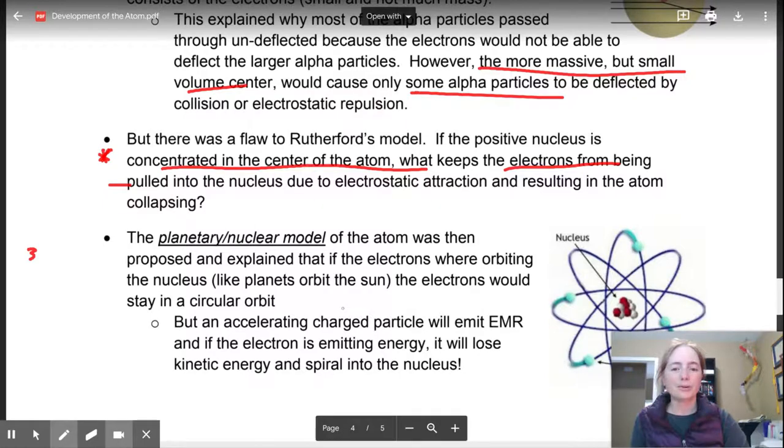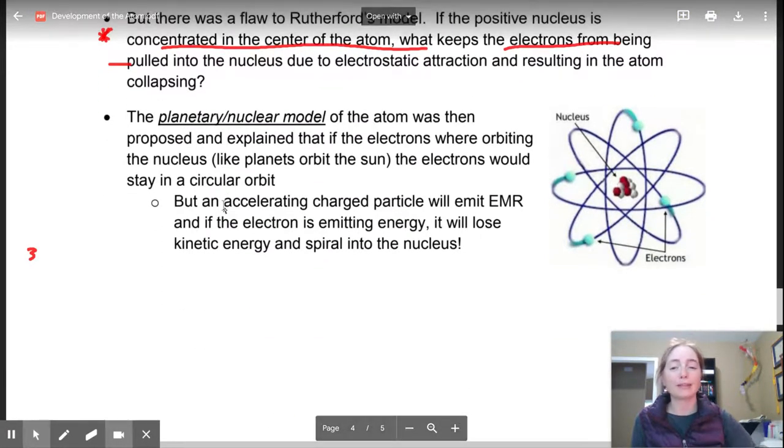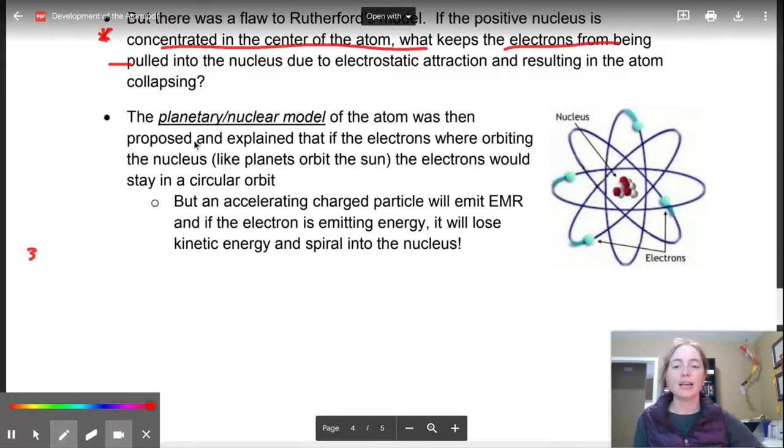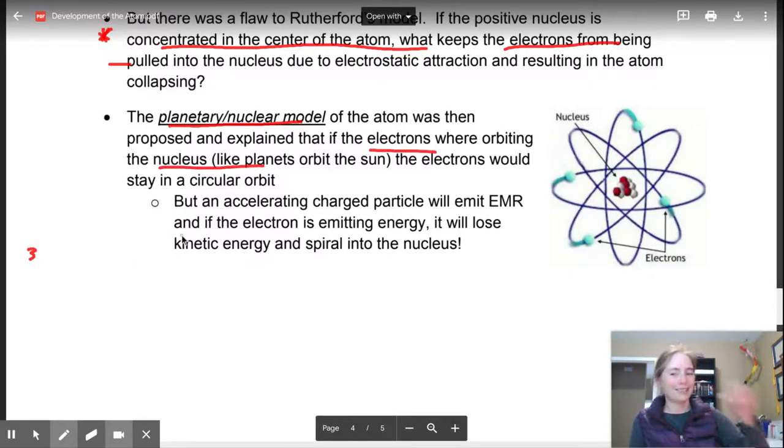Okay, so what they came up with to kind of help with this is the planetary model, where the atom would be like electrons are going to be orbiting the nucleus, like planets around the sun, and the electrons would stay in orbit.